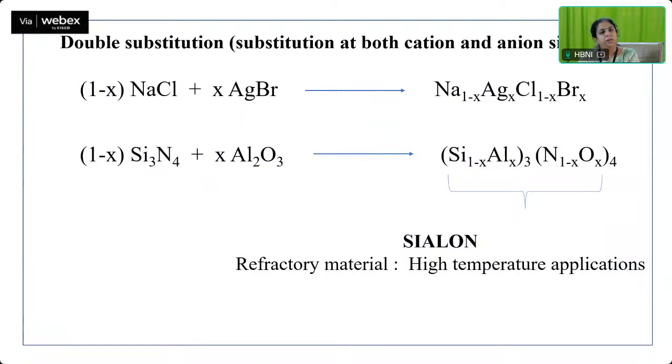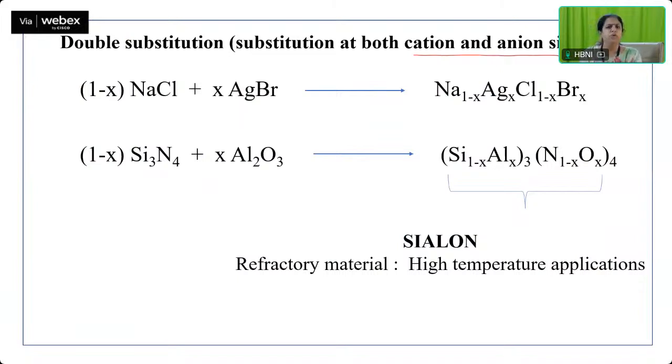Double substitution. Till now we only talked about the cation substitution, but can double substitution happen? Of course it can happen. Substitution at both cationic and anionic sites, though they are not that common, as we discussed in the last class. The substitutions in anionic sites are fewer as compared to cationic substitution. Why?